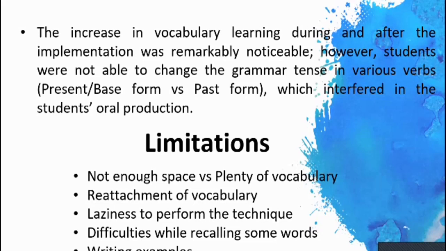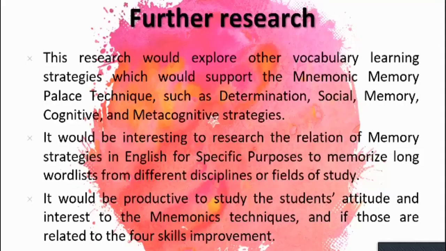For further research, we have some ideas. For example, this research could explore other vocabulary learning strategies which would support the mnemonic memory palace technique, such as determination, social, memory, cognitive and metacognitive strategies.